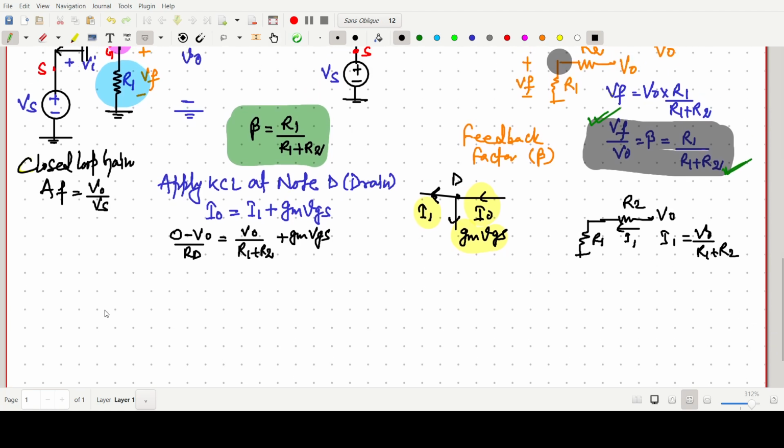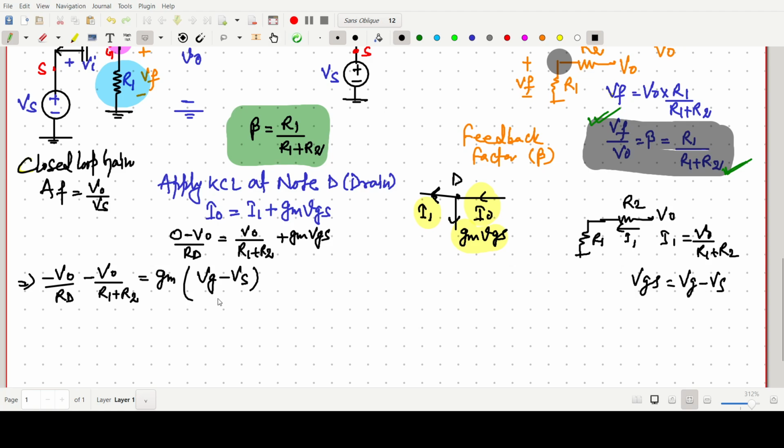So next, we can write minus V naught by RD minus V naught upon R1 plus R2. We are taking this term to the left hand side, equals gm times VGS, and VGS can be written as VG minus VS. Is it okay?